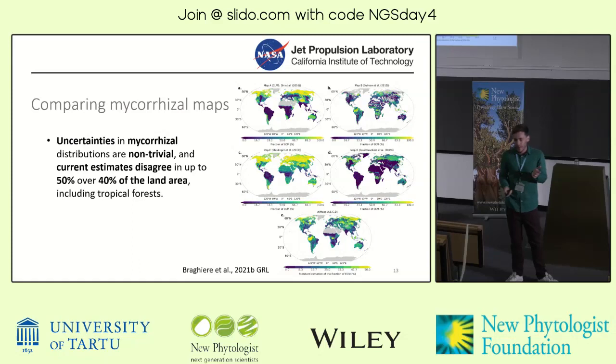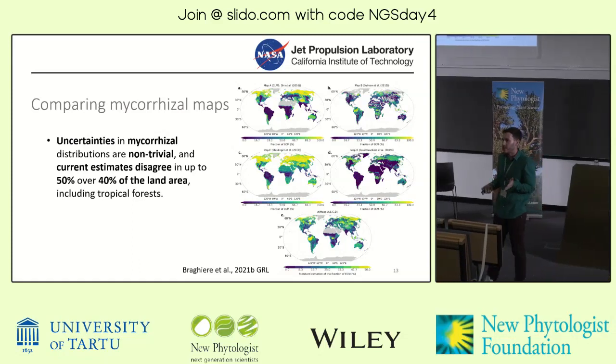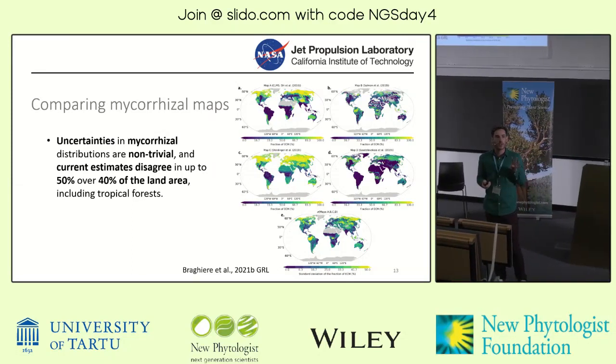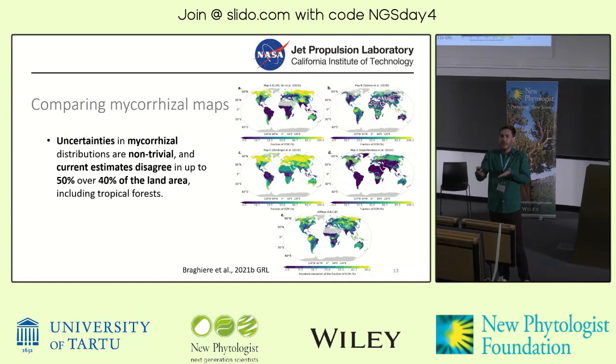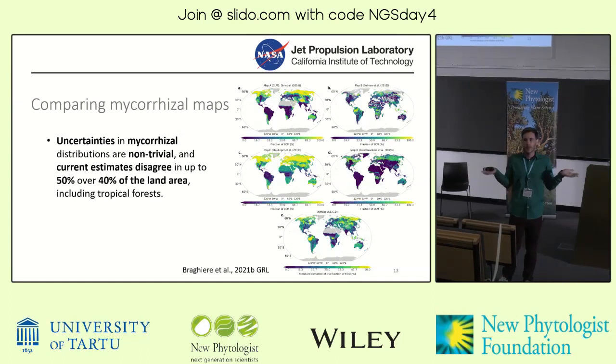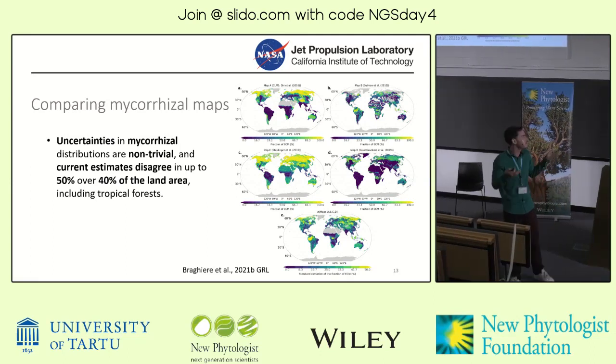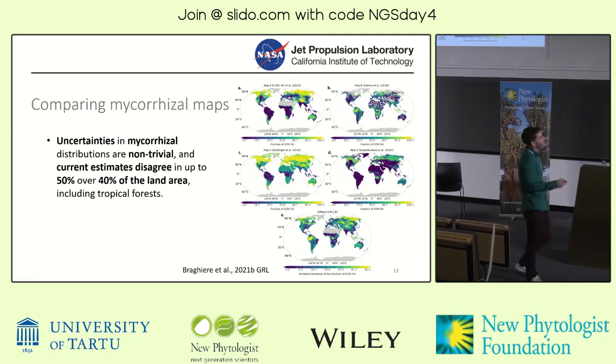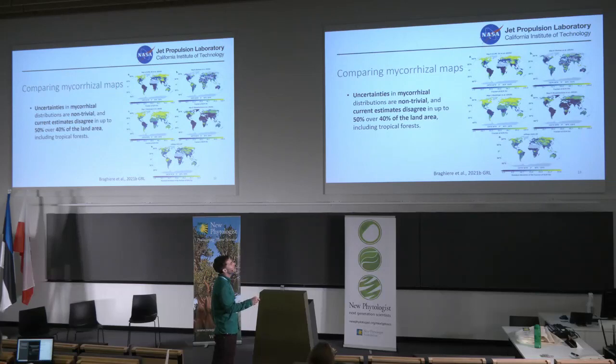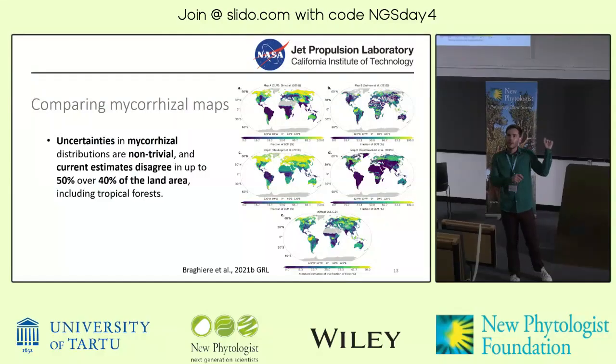But when I started my PhD in 2019, it was the year when 4 different papers published global maps of mycorrhizal association. And I thought, wow, that's an opportunity to test if we can actually get this idea of how mycorrhizae is distributed all over Earth. As you may see, these 4 maps disagree substantially. This bottom map shows the standard deviation of the fraction of ectomycorrhizal fungi.